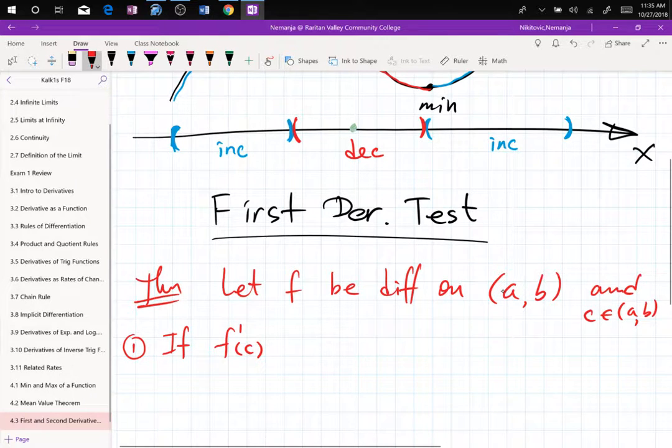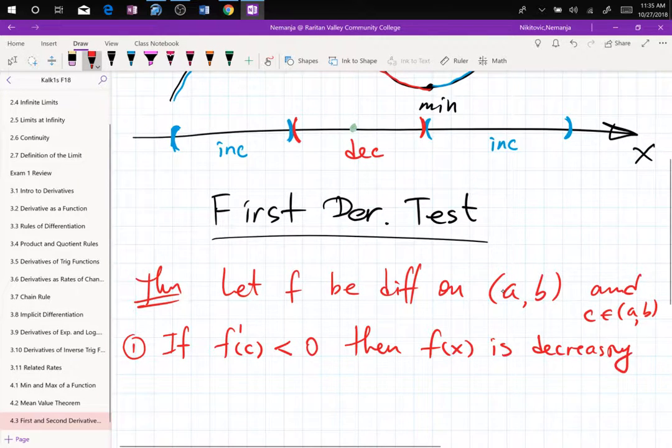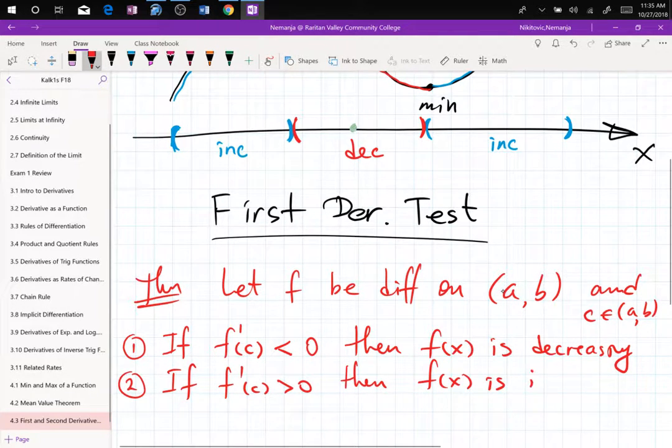So if f prime of c is less than 0, then f of x is decreasing. Number two, if f prime of c is larger than 0, then f of x is increasing.